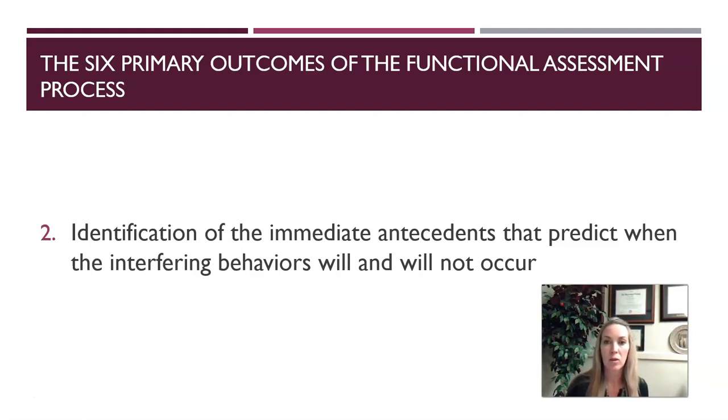If you remember, when the student holds out the communication card for a spoon when someone's in the room, they get a spoon. If they held out a card to ask for a spoon when no one else is in the room, they would never get the spoon. So we need to be able to identify what are the stimuli as well as the setting events or the motivating operations. But antecedents predict the behavior occurrence or non-occurrence.